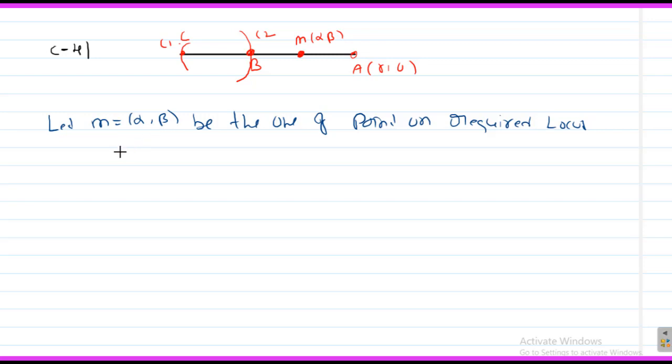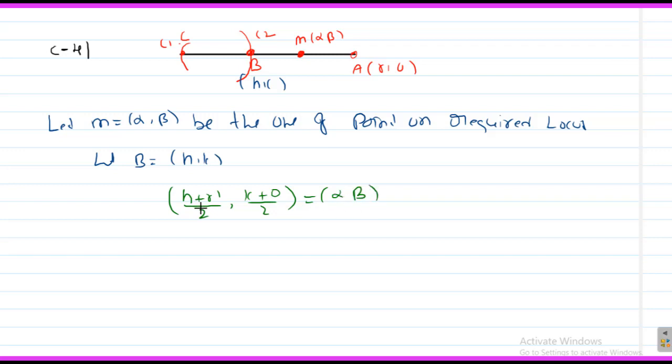So B is taken as h comma k. A is R1 comma 0. Directly by using the midpoint formula, I can create the relationship between h, k, alpha, beta and R1. Observe here, h plus R1 by 2 comma k plus 0 by 2 is equal to alpha comma beta.